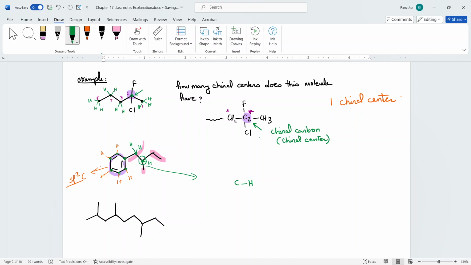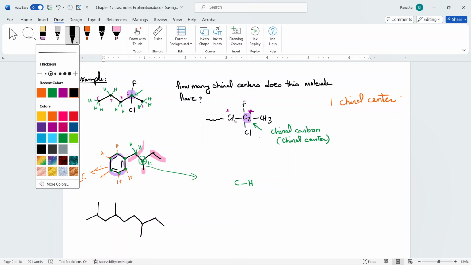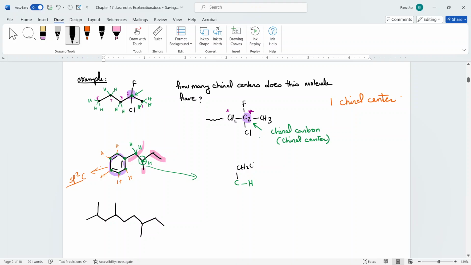So let's draw it. You have CH2, CH3, you can draw it anywhere you want, it really doesn't matter. You have your CH3, connected to a CH2, and I don't care what the CH2 is connected to there. That is considered to be a chiral center because you can easily see all of these are different.